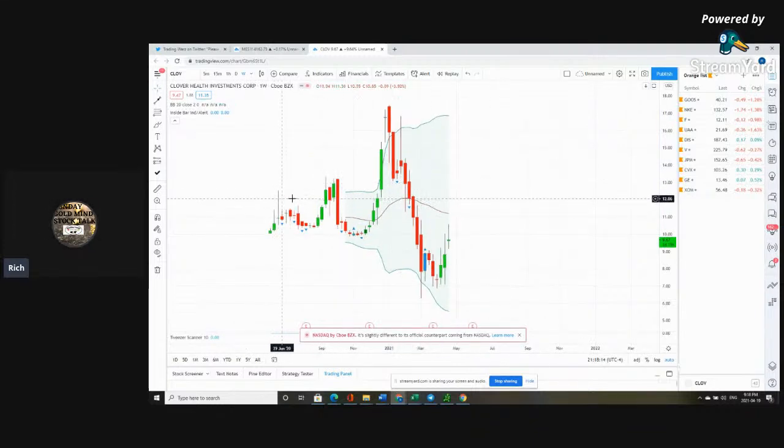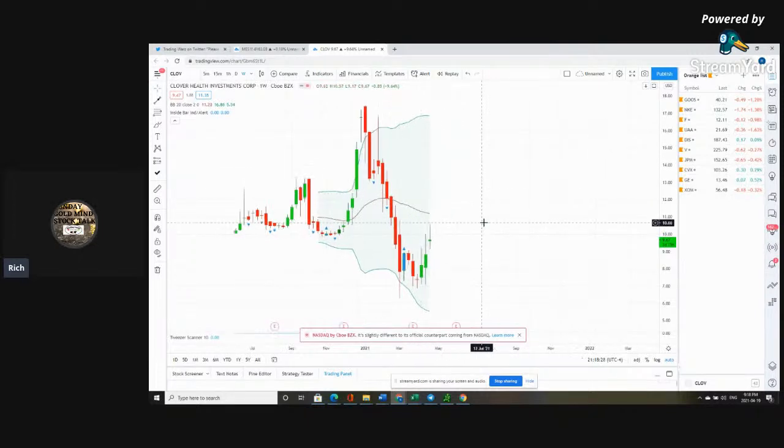We see these wicks. 1, 2, 3, 4, 5, 6, 7. You see the size of these wicks are a clear indication of manipulation. For me personally, I don't like trading those instruments with those huge wicks on the weekly chart because I don't want to get trapped.